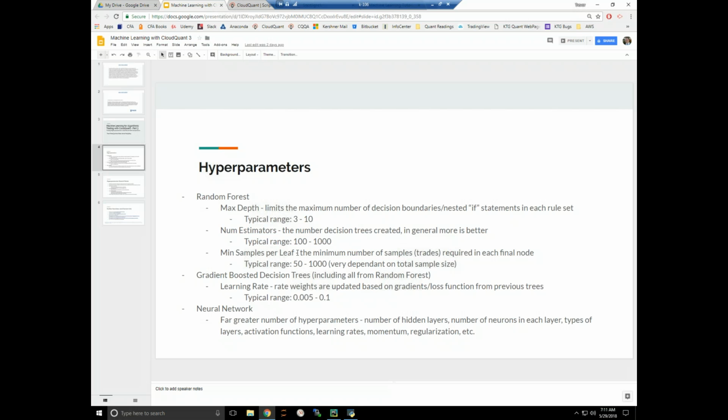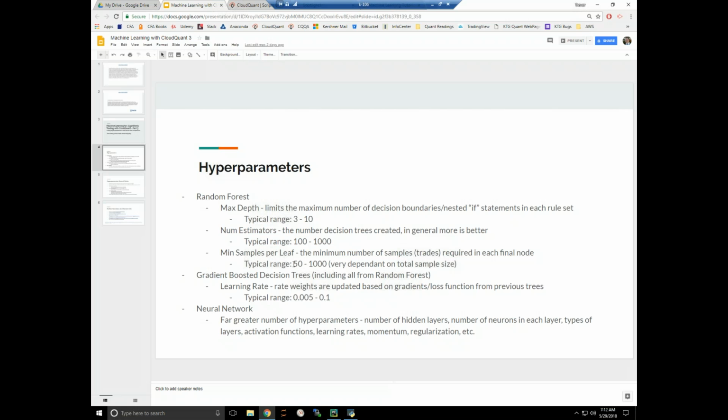Basically, if we did not set the maximum depth, the decision tree would build and build and get deeper and deeper until we only had, say, 50 samples left in one node. And if it tried to split that node again and it couldn't put 50 samples in each one of those resulting child nodes, it would not split anymore. So it would stop at that previous node that had more than 50.